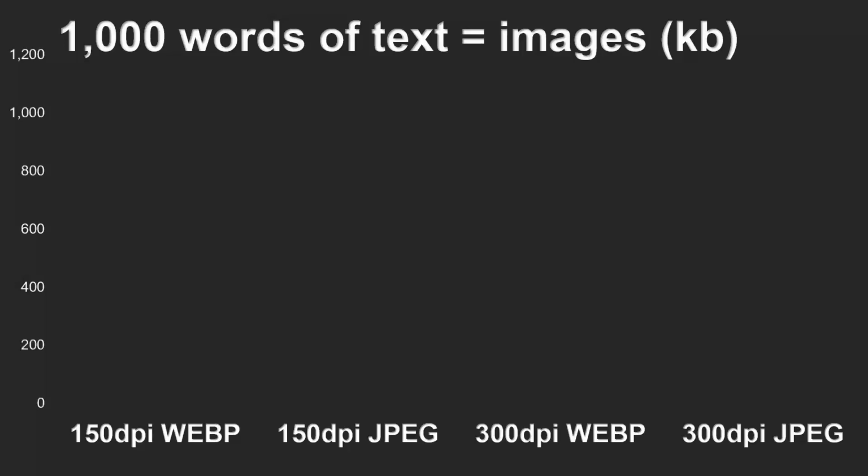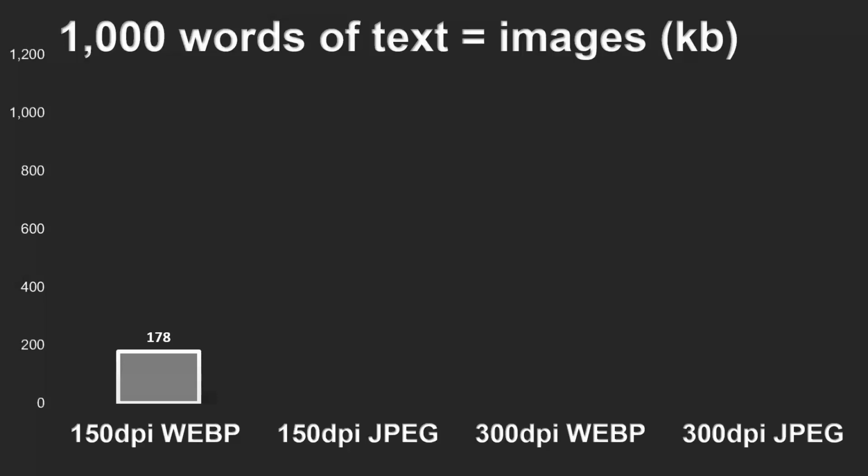1,000 words of text equals how many images in kilobytes? 1,000 words of text is roughly 2 A4 pages. So I saved typical images, the equivalent area of 2 A4 pages, and then I went through various optimization processes.